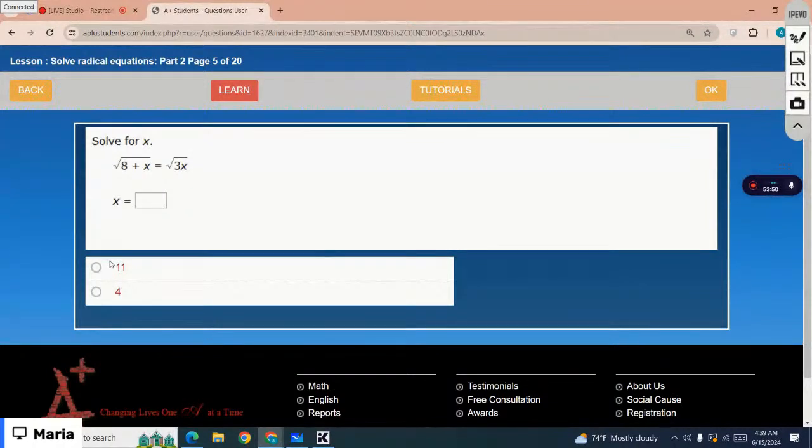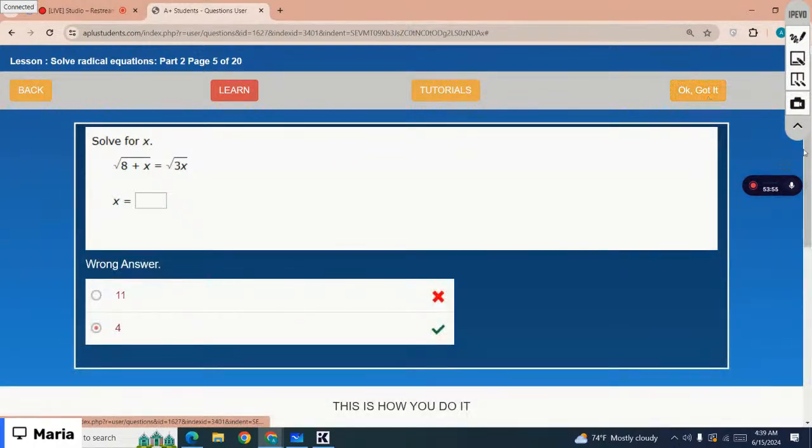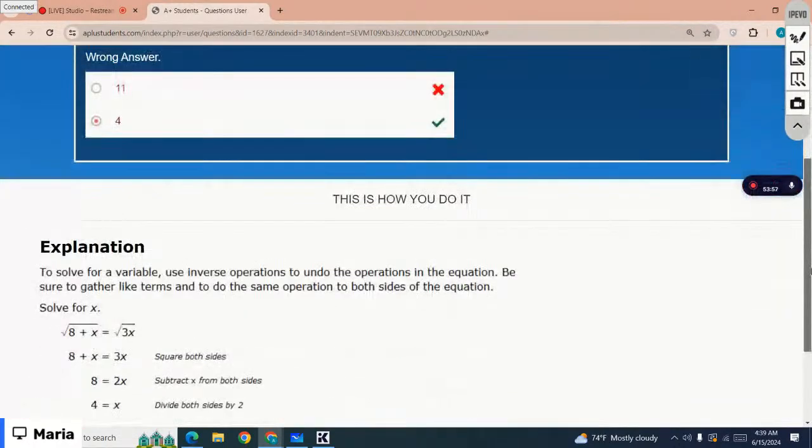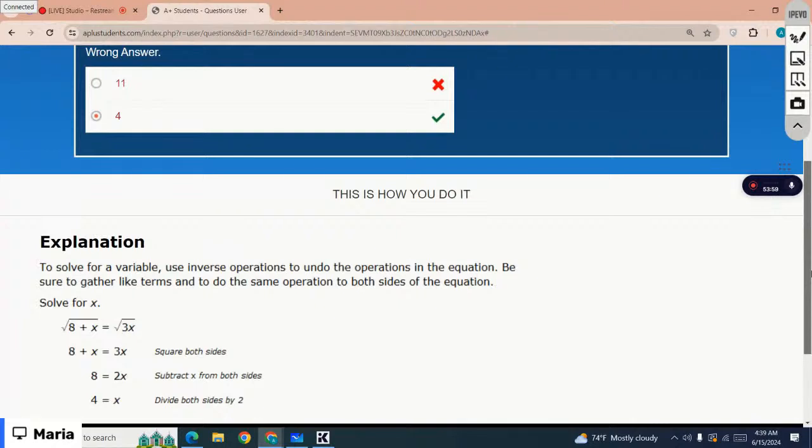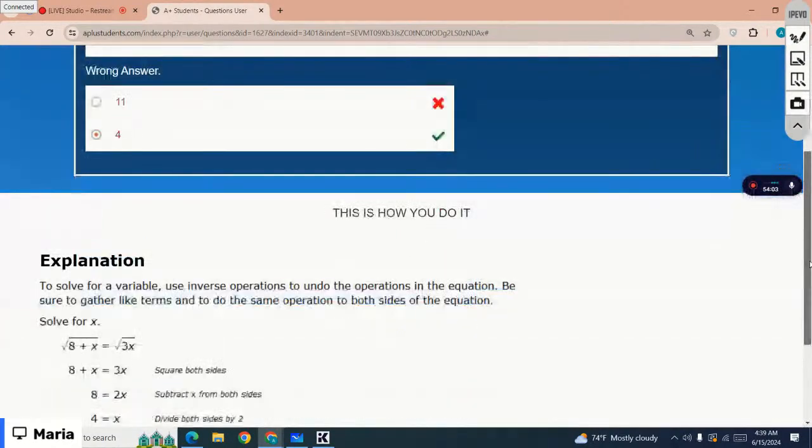The question is not correct. Let's see which is the correct option. Oh, okay, the question is correct, right? You have to move x to the other side. That would be 3 minus 1 is 2. So 2x equals 8. So x equals 4. The correct option is x equals 4.